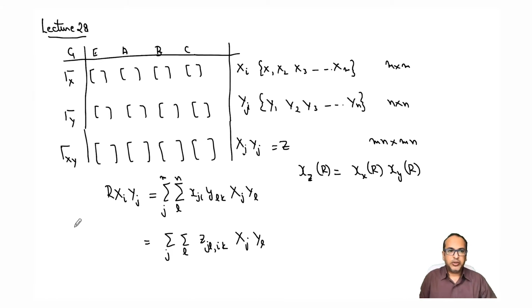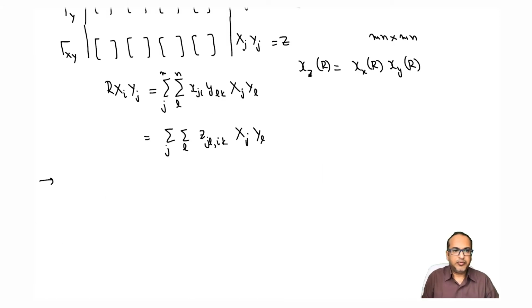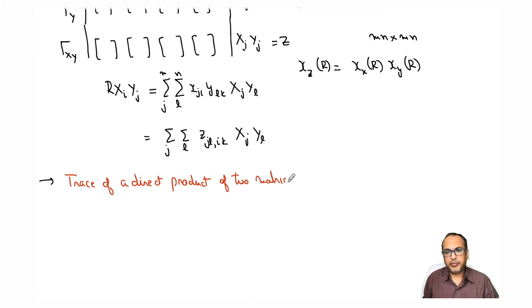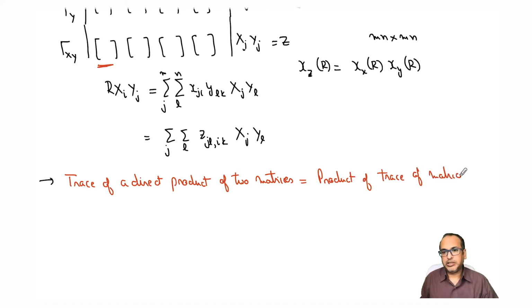Okay, so what we'll do is we will show here that the trace of a direct product of two matrices, which is basically this direct product of two matrices here, is equal to the product of the traces of the matrices.